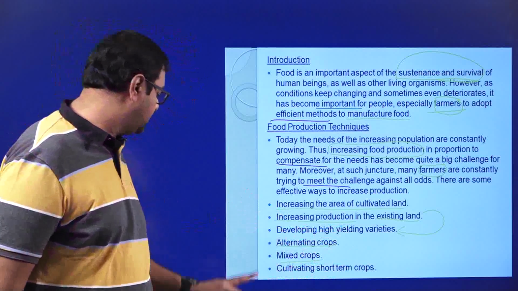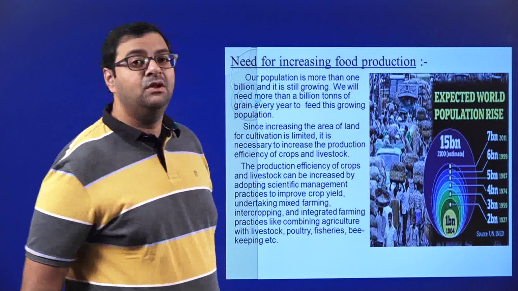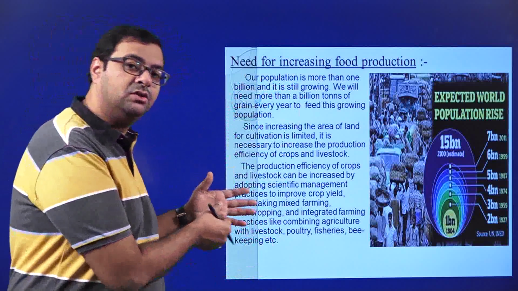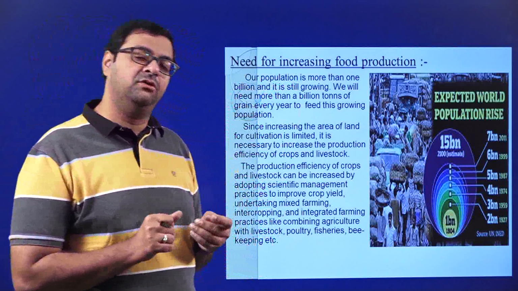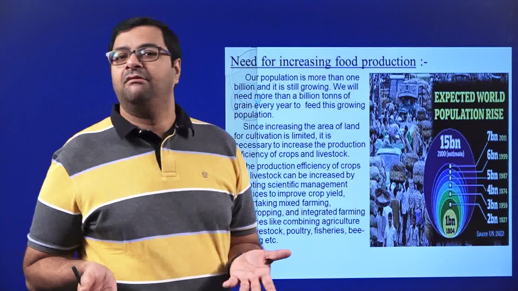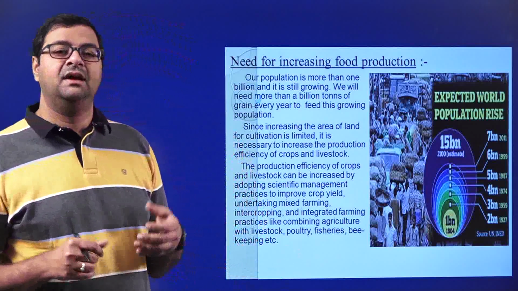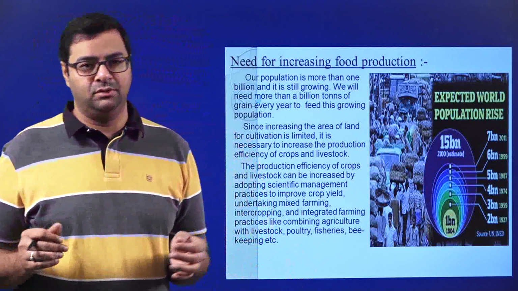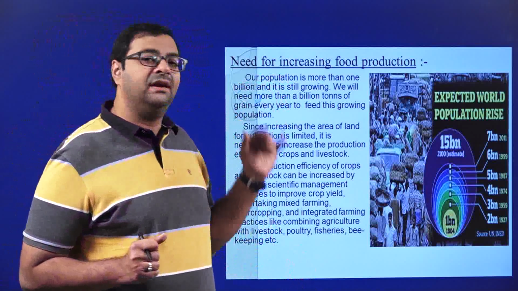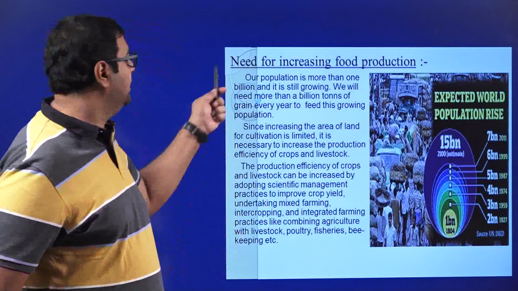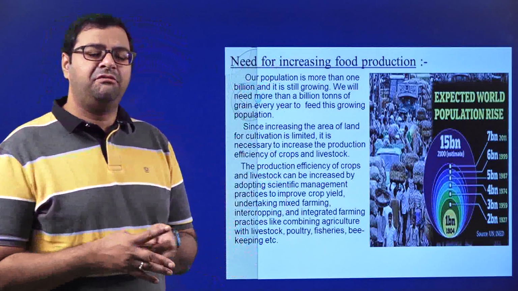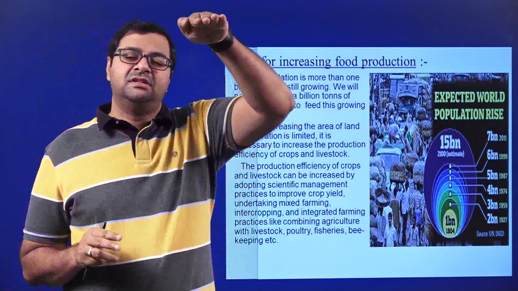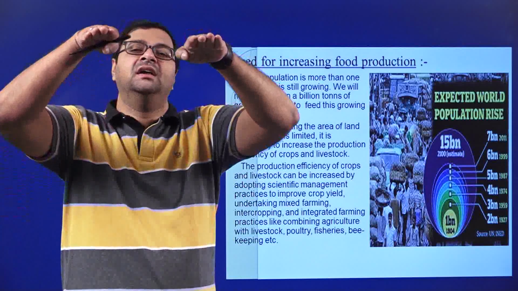Now in today's session, we'll look at the need for increasing food production. No doubt we have seen all those 6 types of food production, but why do we have to employ all these techniques in the production of food? That is what we are going to look at in this session. Generally, as the population is increasing, food production also should increase.